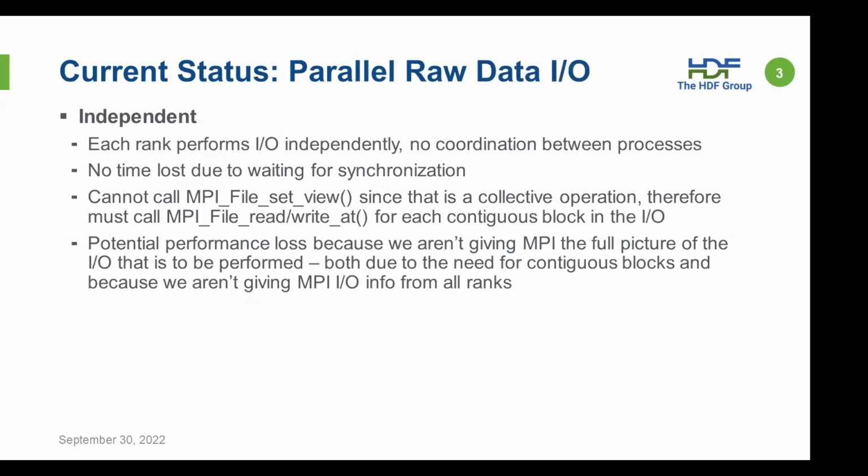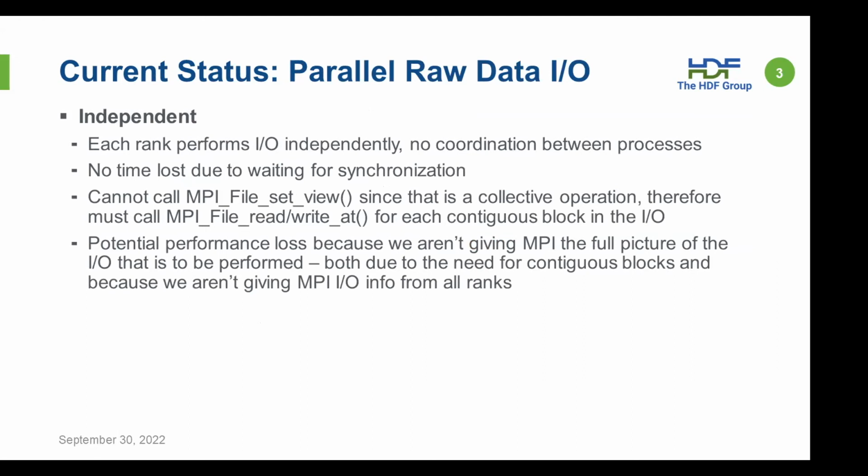So right now we have MPI-IO parallel IO for datasets. We've had this feature for a while, but there are multiple ways that this is actually performed. The default method is independent IO, which is basically every rank.